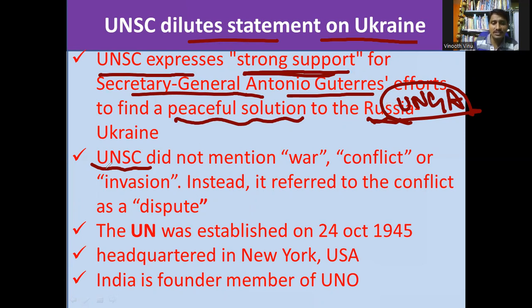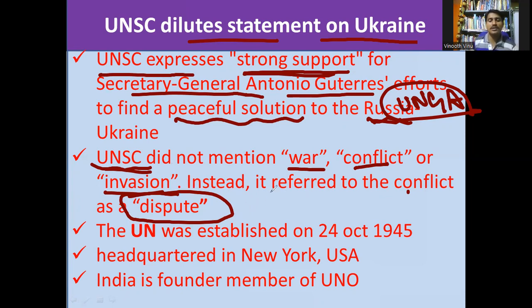The United Nations Security Council did not mention the term war. They are saying it is not war, not conflict, not invasion. Instead, what they refer to this conflict as is a dispute. It is just a dispute. We will solve it, or you can solve it.